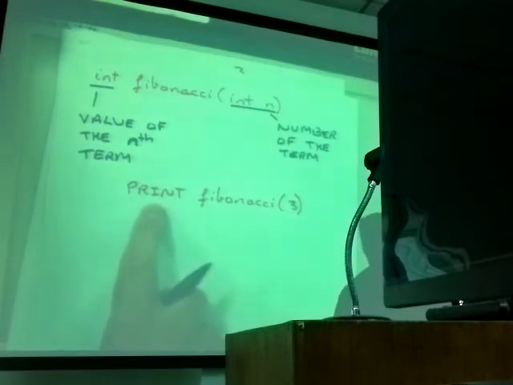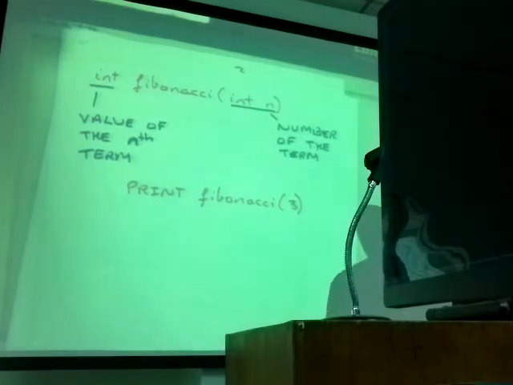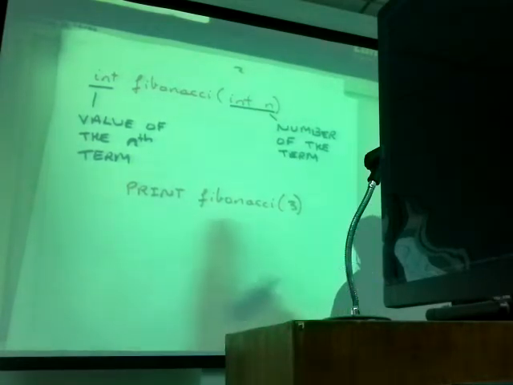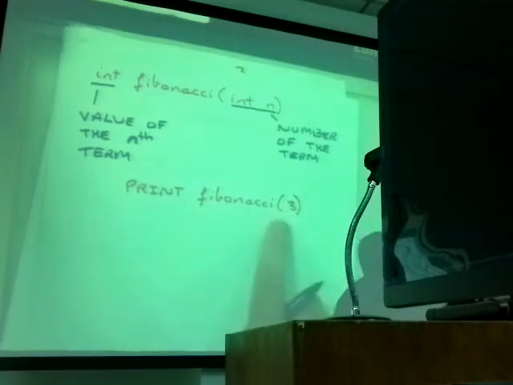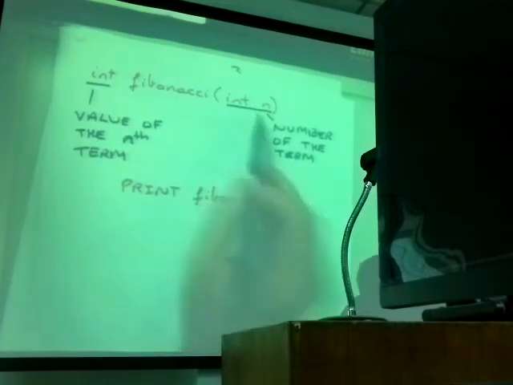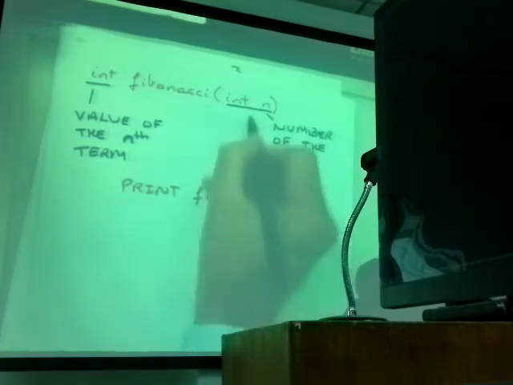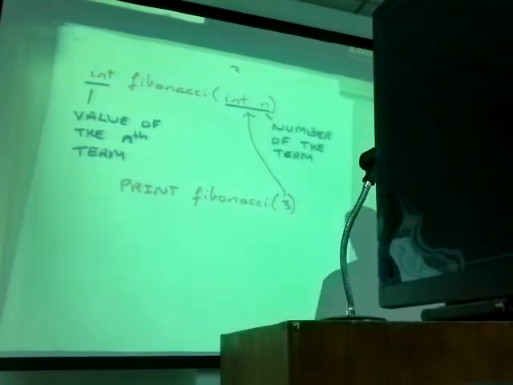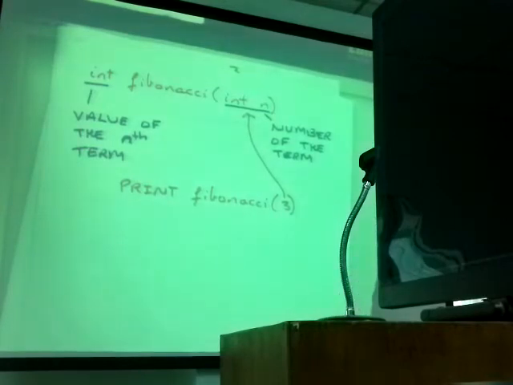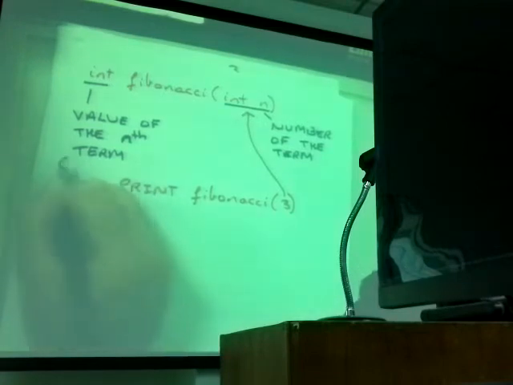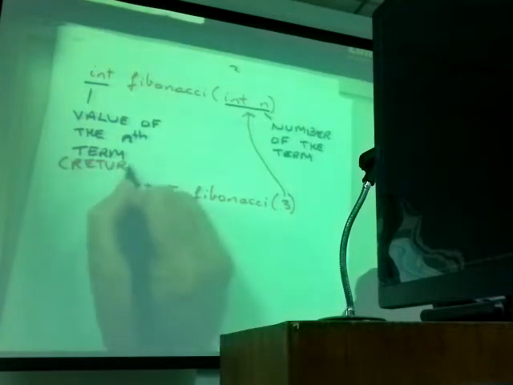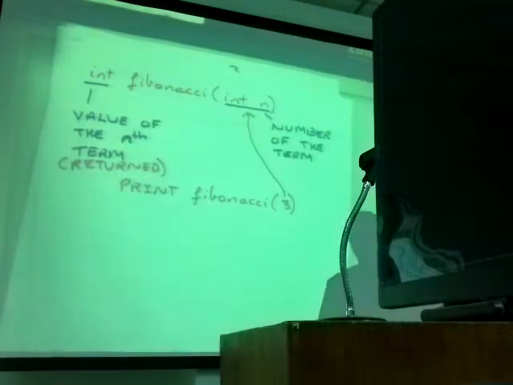What value, though, would be printed? Print Fibonacci 3. So the value of 3 is given as input into the function, and the value of the term is returned, calculated and given back.